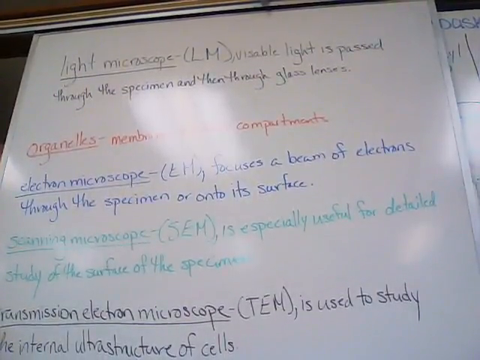Cell fractionation. We're going to talk about this and then we're going to call it quits for today. Okay? So, a useful technique for studying cell structure and function is cell fractionation, which takes cells apart and separates the major organelles and other subcellular structures from one another.